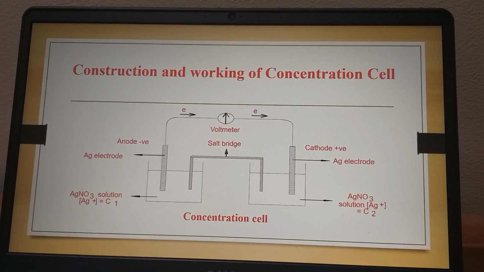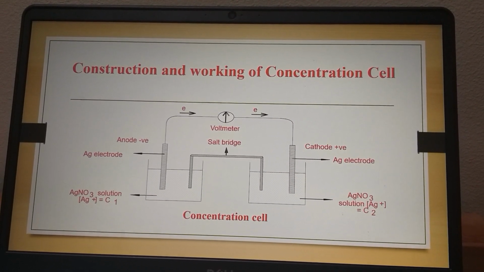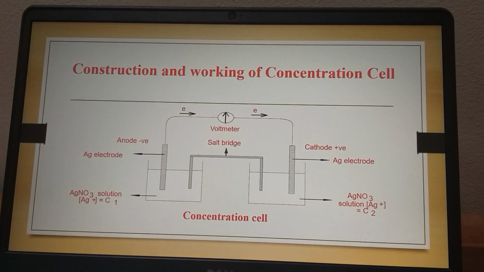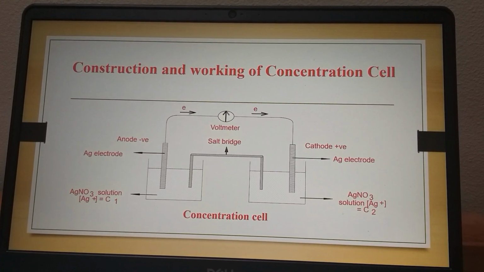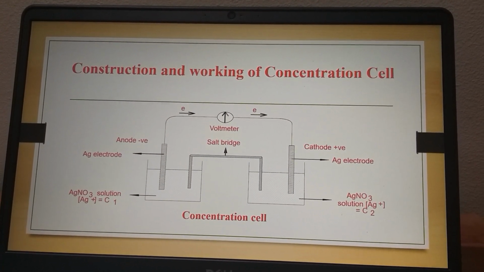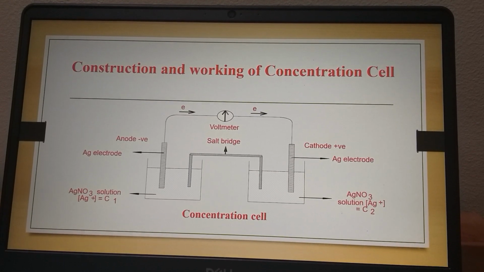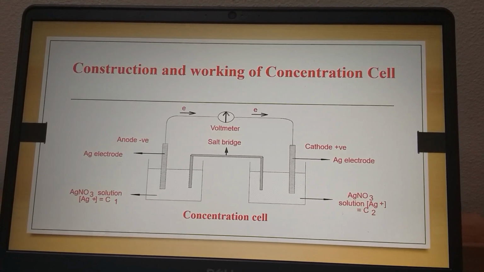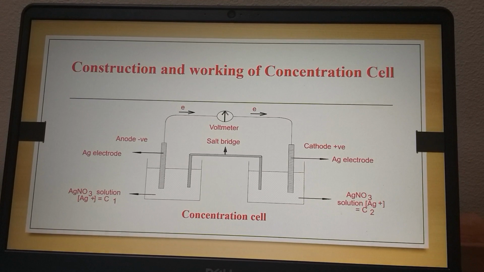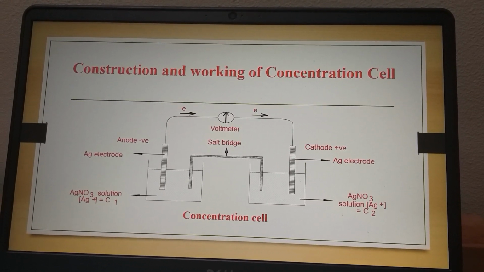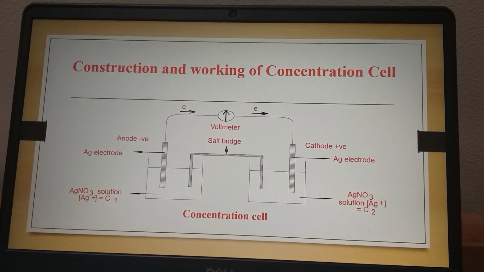The figure here gives the description of the concentration cell in detail. We have taken silver electrodes in both the compartments, and silver nitrate is taken as the electrolyte.